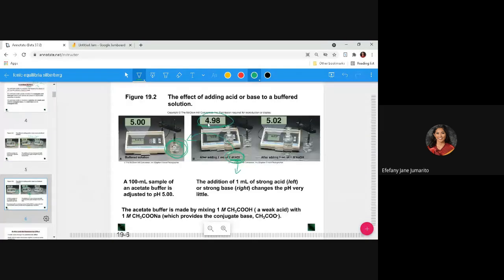But here, it decreased, however, it's just slight. The pH change is small. That is because your solution is buffered. When we have a buffered solution, remember, buffers resist pH change. So the pH does not change much.